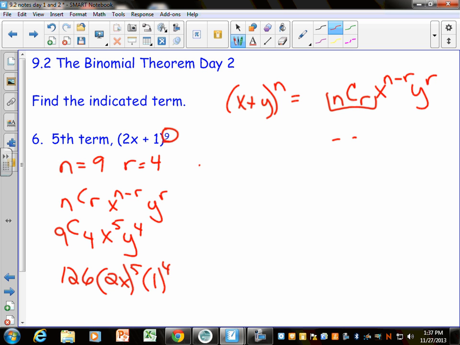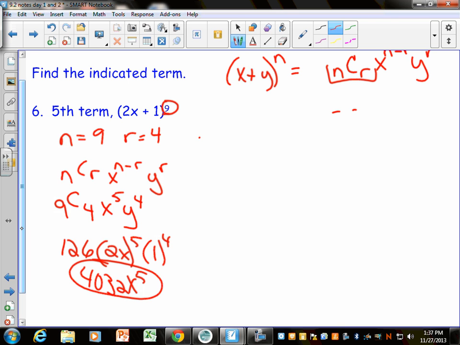But I think this is 32, so 32 times 126, I got that to be 4,032. X to the 5th would be the 5th term in that. Again, I'm not opposed to Pascal's triangle on this, but I feel like this is where I have to use that combination if I'm just looking for one term, especially if I'm talking about like the 14th power. I don't want to make a Pascal's triangle that big.